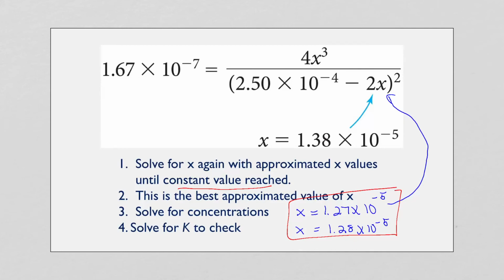And what you should end up with is you get your concentrations, you plug them back in, and you get a K value that's pretty darn close to the K value that we were given, the 1.67 times 10 to the minus 7. So I'll leave that for an exercise for you. There's also some discussion of this in the book. But that's the idea of how we can treat both cases: when the approximation is valid, then it's really straightforward. When the approximation is not valid, we have a better approximation we can use, this so-called successive approximations.